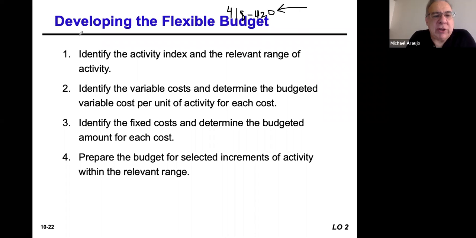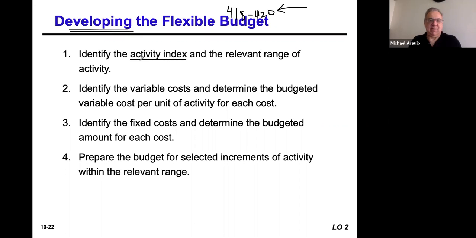So the first thing we do in developing the flexible budget is we have to identify the activity index and what's the relevant range.